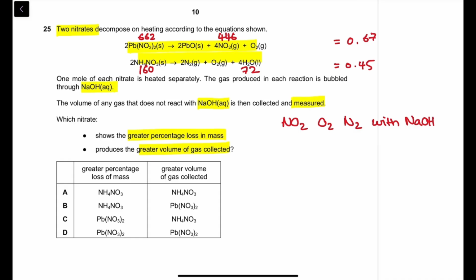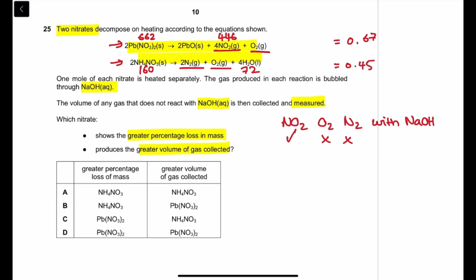Okay, so our two nitrates are lead nitrate and ammonium nitrate. For lead nitrate, the two gases produced are nitrogen dioxide and oxygen. For ammonium nitrate, the two gases produced are nitrogen and oxygen. Now, of the 3 different types of gases produced, nitrogen dioxide reacts with sodium hydroxide while oxygen and nitrogen do not.